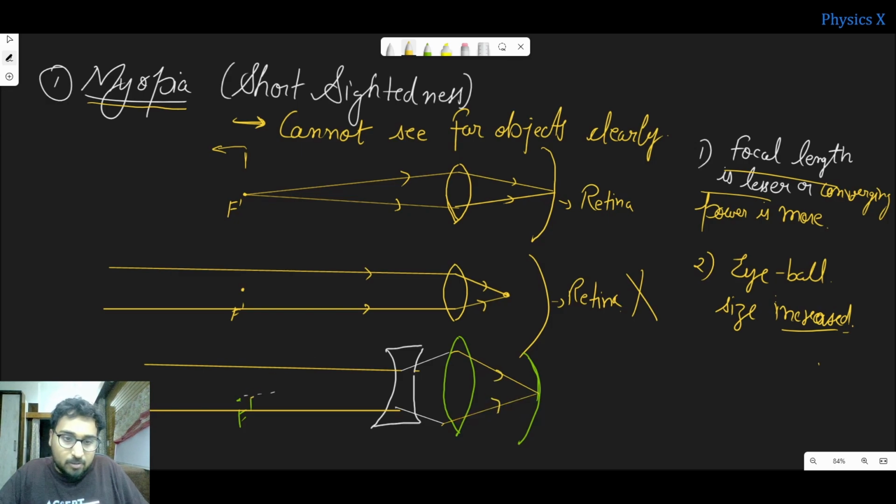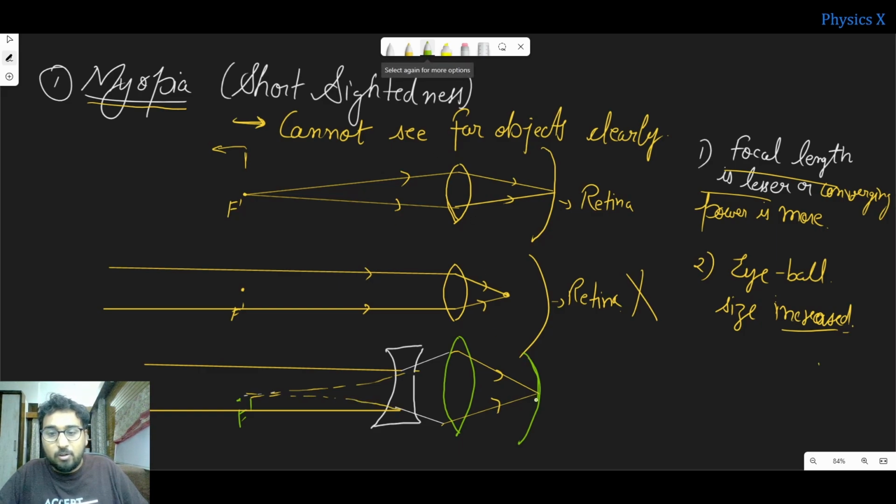Now we will adjust the power of this lens such that this is your retina and the rays are coming like this, so you will feel that a virtual image is formed here, at the far point of this myopic eye.